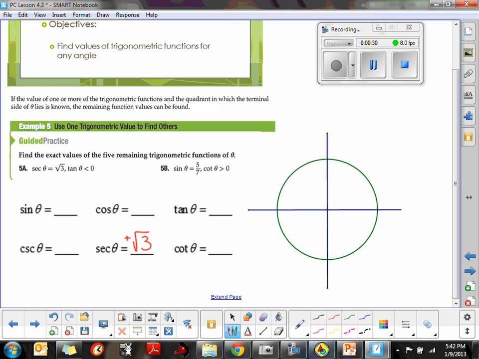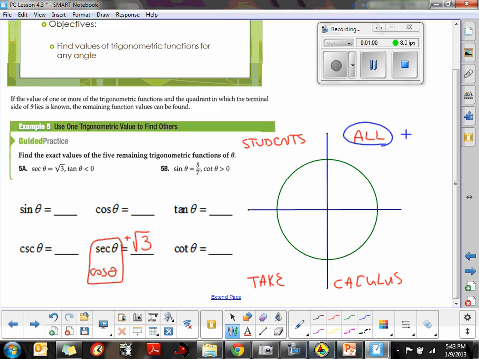Now, secants are related to cosines, and cosines and secants are going to be positive in the same quadrants. Let's go back to this acronym, or this idea that we had, that All Students Take Calculus. This should help you remember what trig functions are positive in which quadrants. Every single trig function must be positive in the first quadrant.